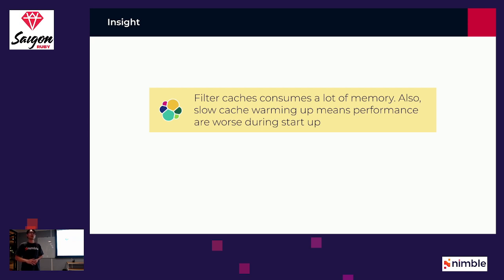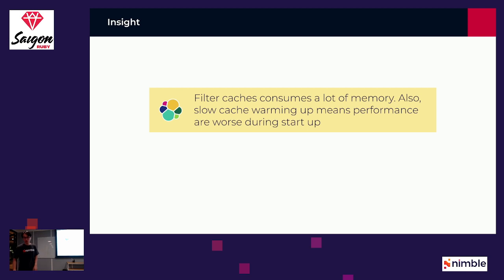But if you just booted the instance, usually it needs some time to warm up the cache. So the performance at the beginning is going to be not as expected. So you might want to take some extra care around that.